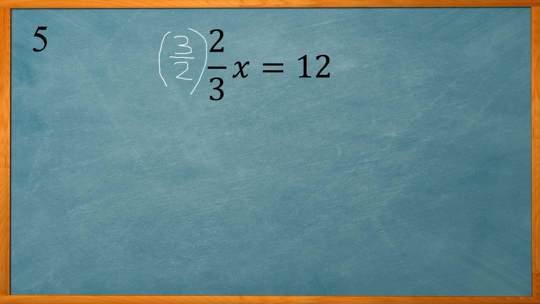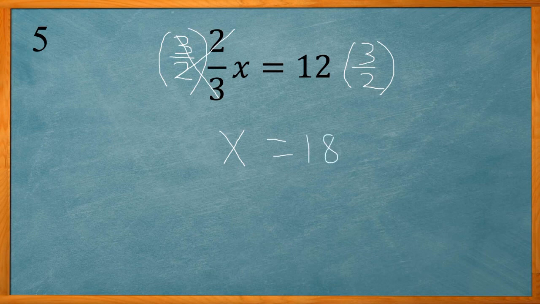I'm going to multiply the other side by 3/2 as well. The 3's cancel into 1, the 2's cancel into 1, so you get 1x or just x. Now we take 12 times 3/2. What we can do is reduce this: 12 divided by 2 is 6. 6 times 3 is 18.